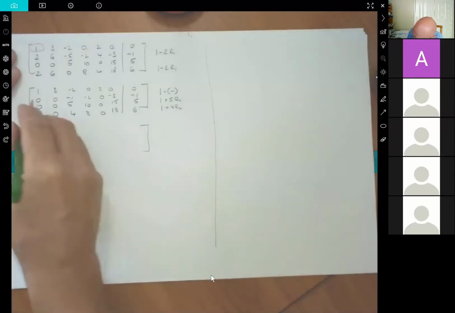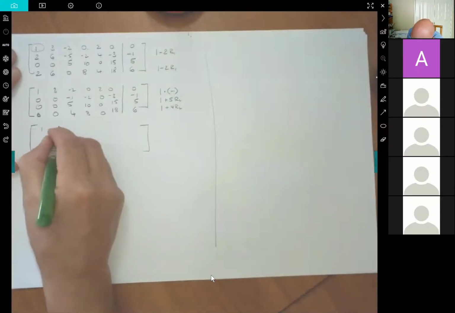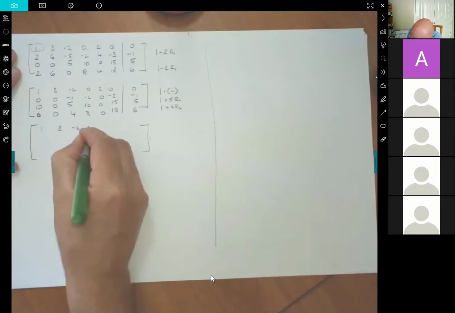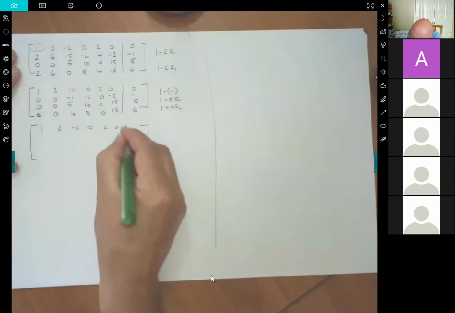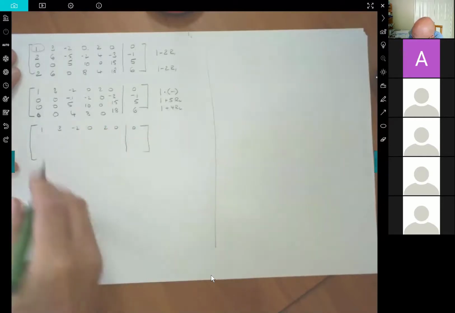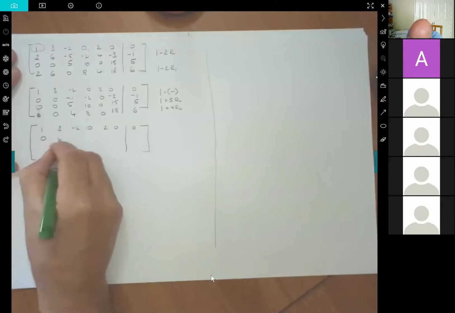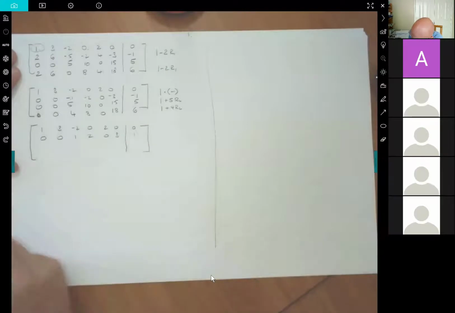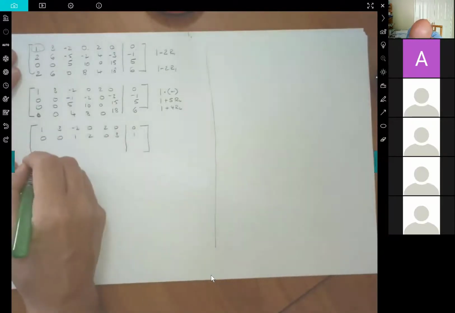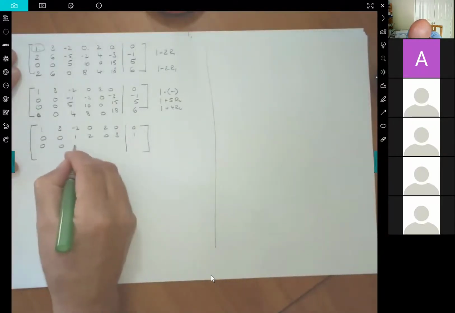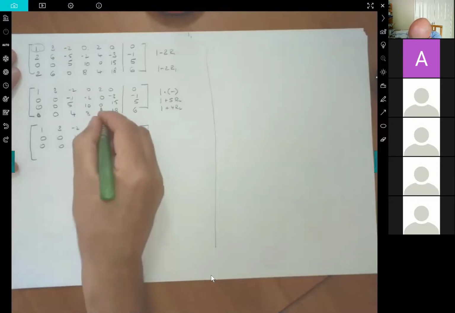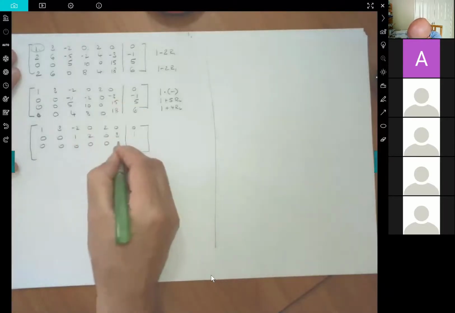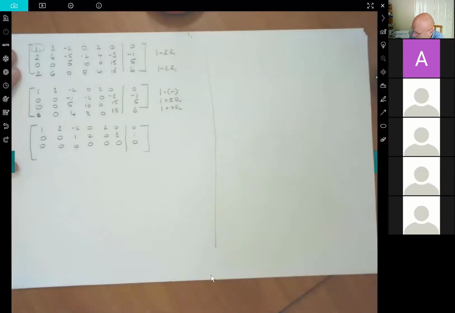Now we get, first row doesn't change: 1, 3, -2, 0, 2, 0, 0. This times negative 1. This plus 5 times this. Okay, that becomes totally 0.